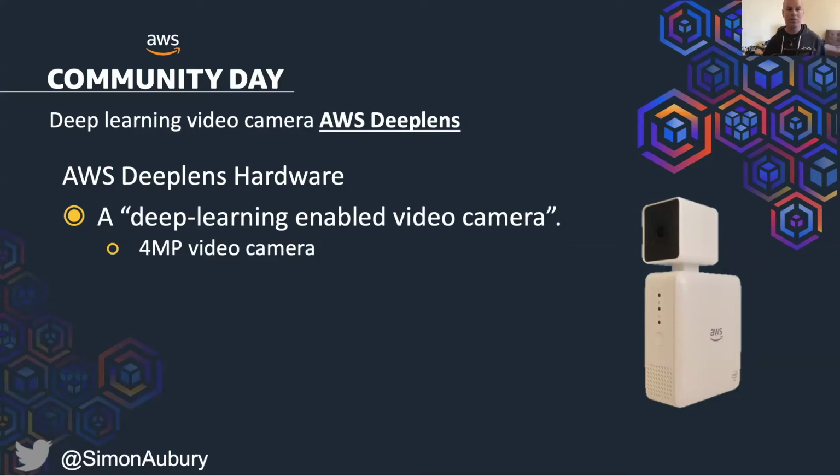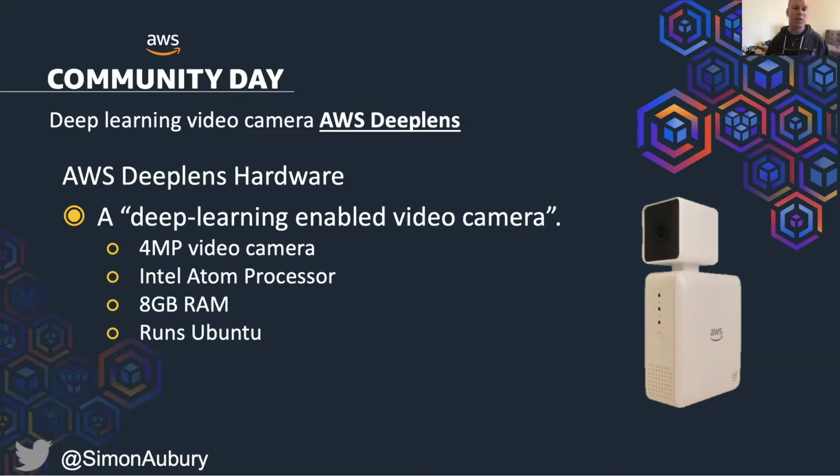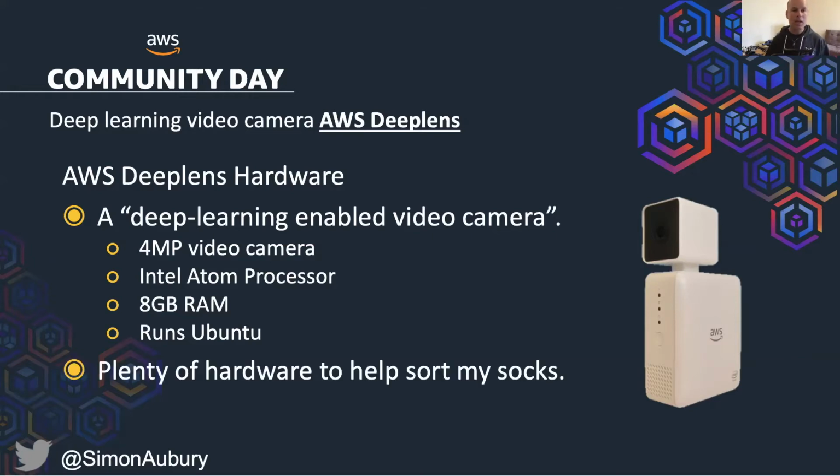So this on board has a reasonable video camera, a 4 meg still and video camera. Inside, it's got an Intel Atom processor, it's got 8 gig of RAM, and ultimately it runs Ubuntu under the covers, so I can deploy my own packages. In short, it's got plenty of hardware to help me sort my socks.